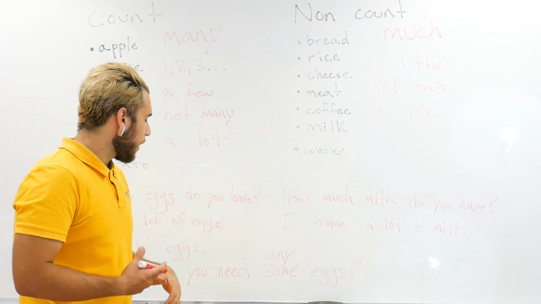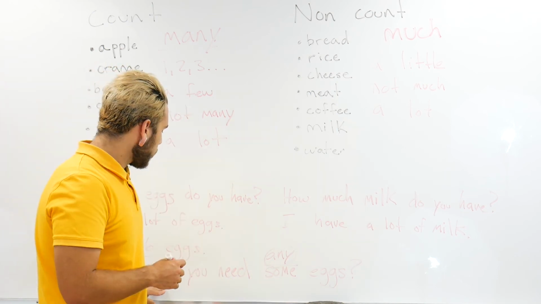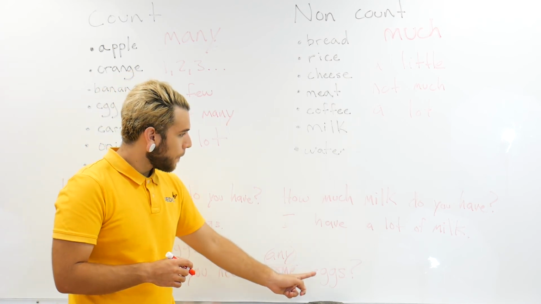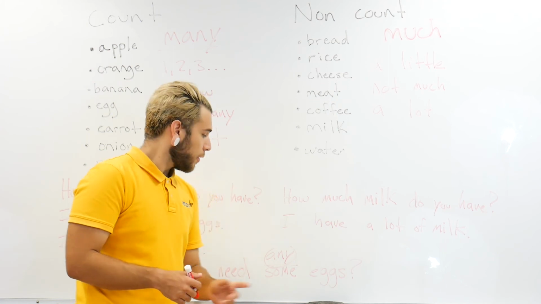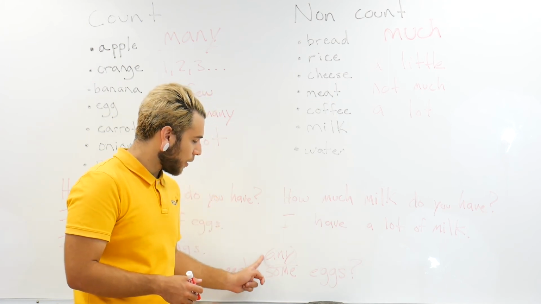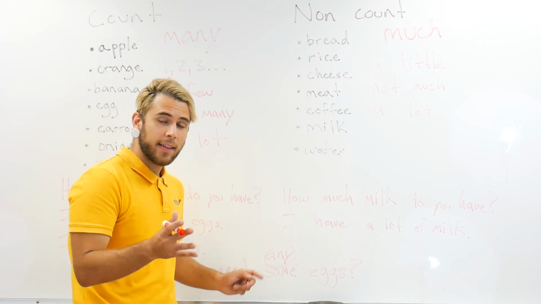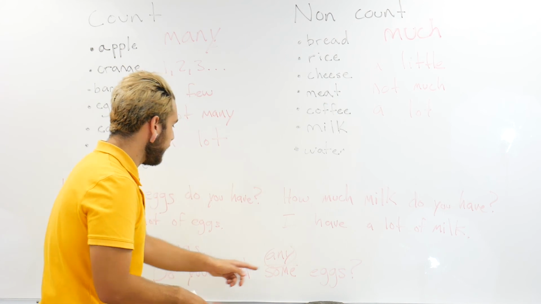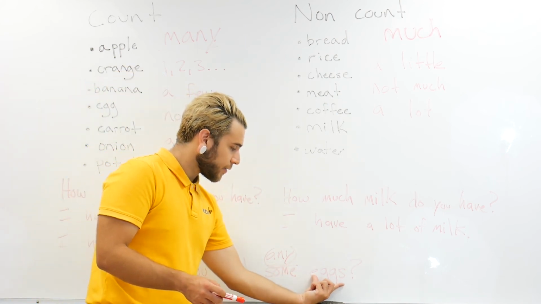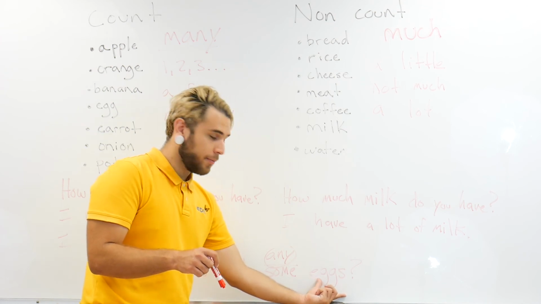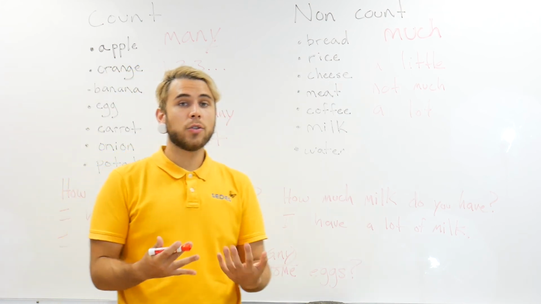You can answer, yes, I need some eggs. So, do you need any milk? Yes, I need some milk. The answer for both of these questions, some or any, can always be at least the word some. I need some eggs, I need some water. Now, if this word is a count item, like eggs, you can answer with the actual number.